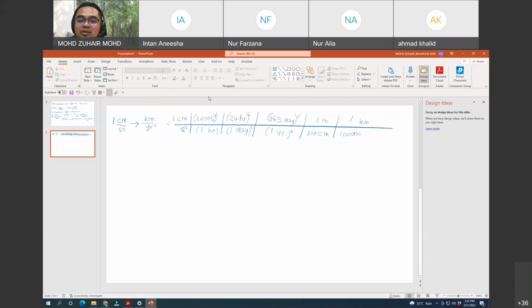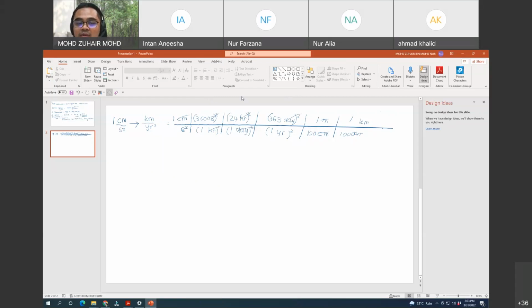So we have already changed all of this, and what we need to do is to cancel out. Let's say cm, we cancel with cm. Meter, we cancel with meter. So just kilometer is left here. And for the power of 2, we cancel hour and day. So we only have year and kilometer.